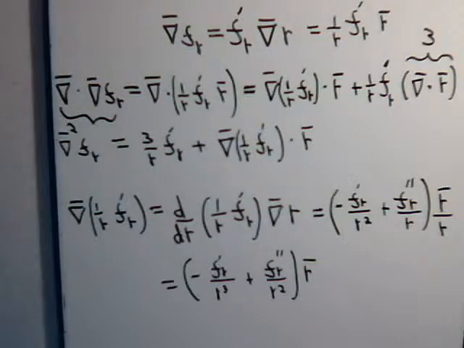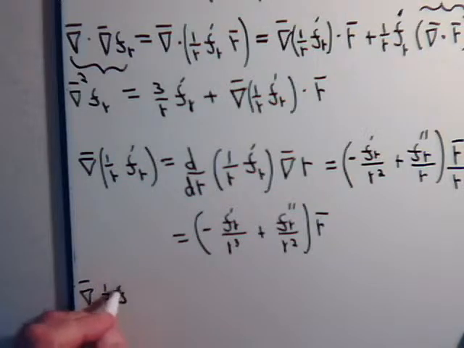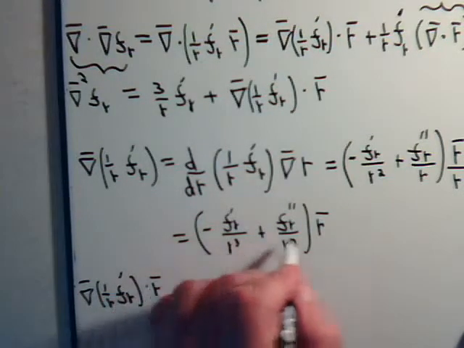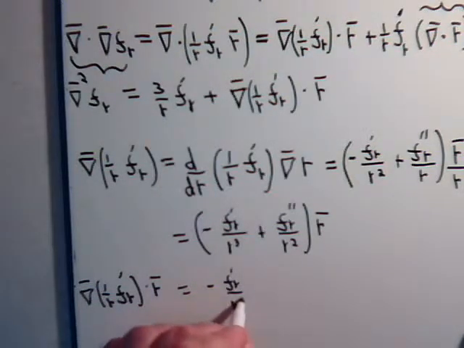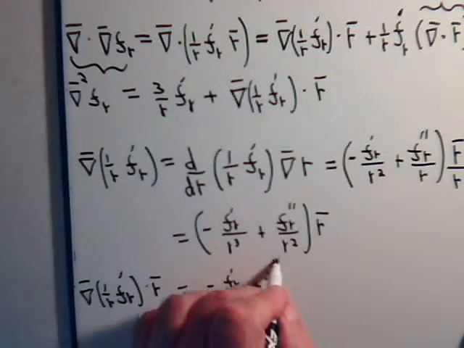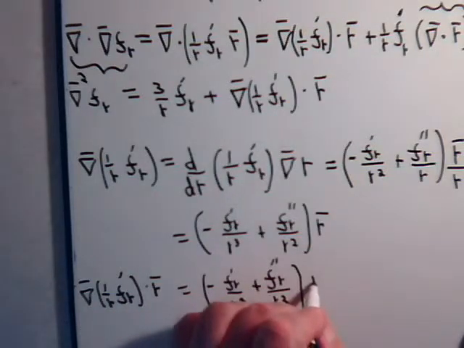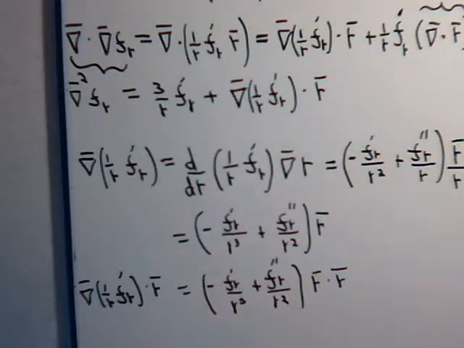So let's write it out explicitly so you don't get mixed up. We have this right here, del of 1 over r f prime of r dot r, that's equal to this, minus f prime of r divided by r cubed plus the second derivative divided by r squared, times r dot r.